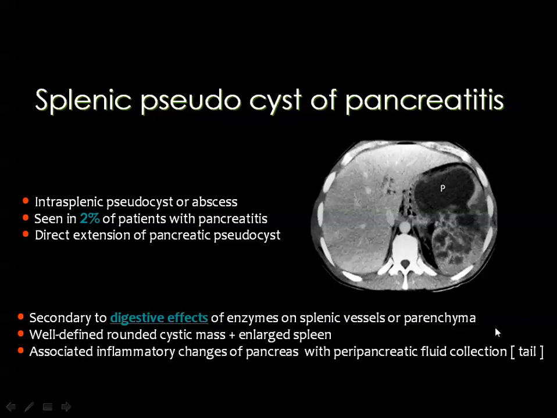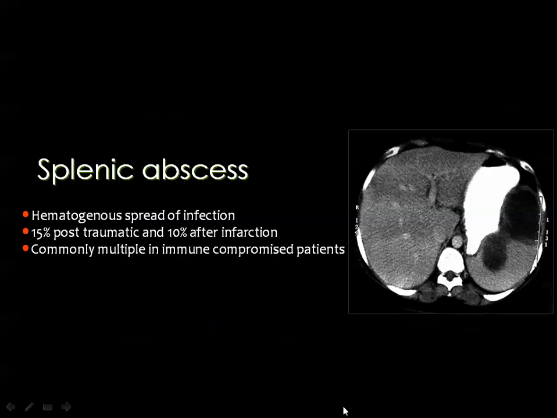Of course, in order to diagnose these cysts inside the spleen as related to pancreatitis, there should be signs of pancreatitis in the pancreas, like the swelling of the pancreas, the obliteration of the peripancreatic fat, and the presence of fluid, either free or encysted, like in this case, and this is a pseudopancreatic cyst in a course of acute pancreatitis with extension of the process inside the spleen.